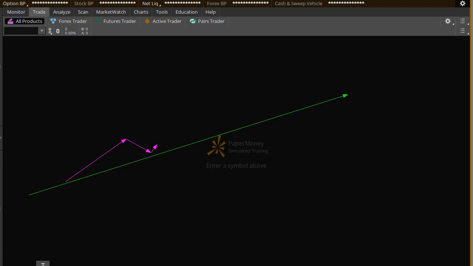So what we look for is where we want to enter that trade. So if we enter that trade right here in our price, the first thing we need to do is calculate where our stop loss is. And our stop loss tells us how much risk we have in the trade.